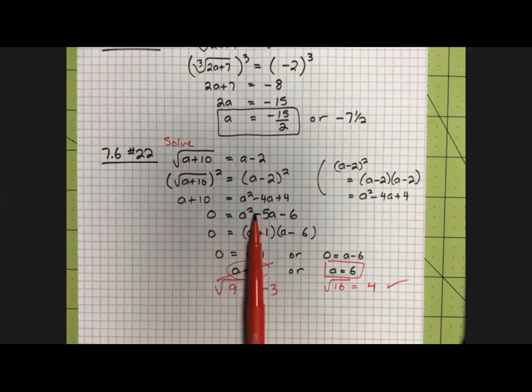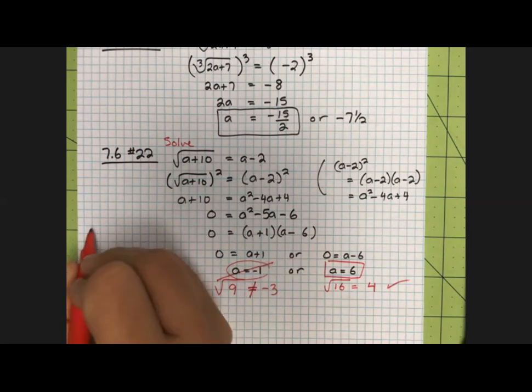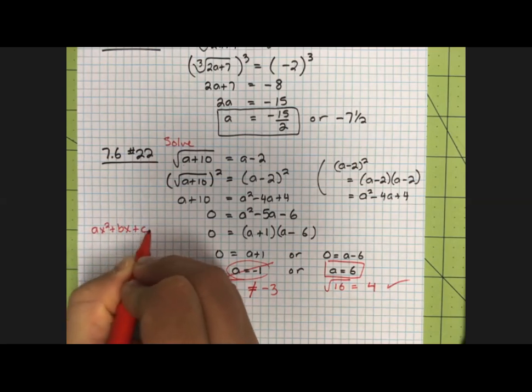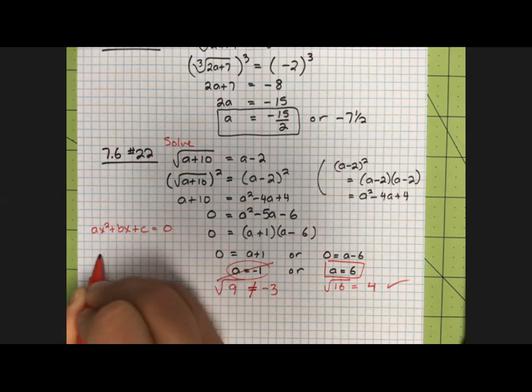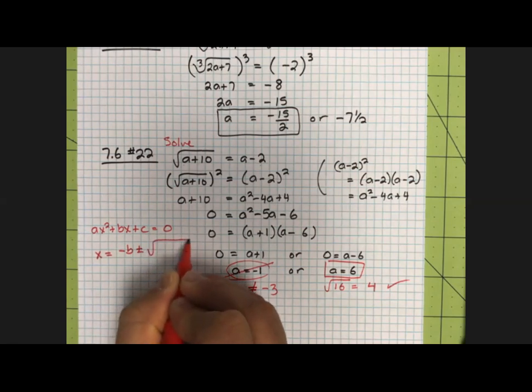So when you see one of these right now, I don't think we've ever seen one that didn't factor. But that doesn't mean, say, what happens when it doesn't factor? I'm stuck. No, there's just a really famous formula called the quadratic formula. And even if we haven't used it yet in here, you may have heard of it. If you haven't heard of it, don't worry. But this formula will solve that problem if it cannot factor.